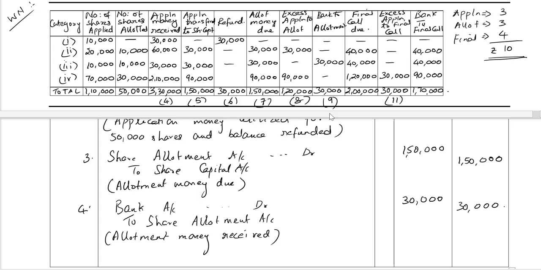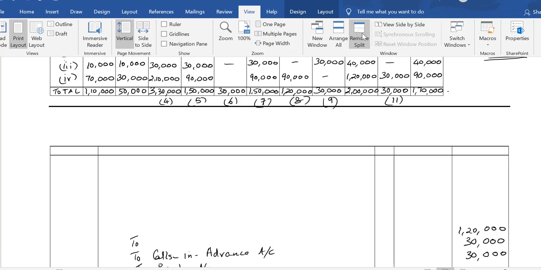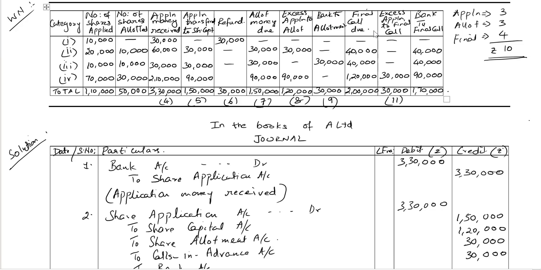So the question asks us to pass the journal entries only up to the stage of allotment. We have completed that. I'll remove the split. We can view the entries all together. So that's the table at the top.